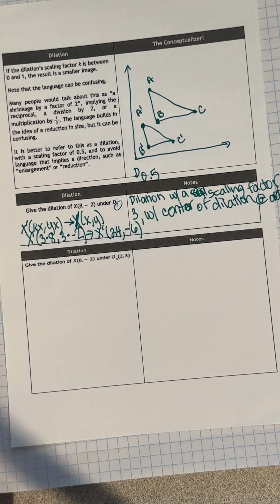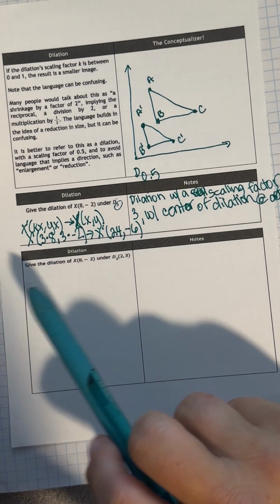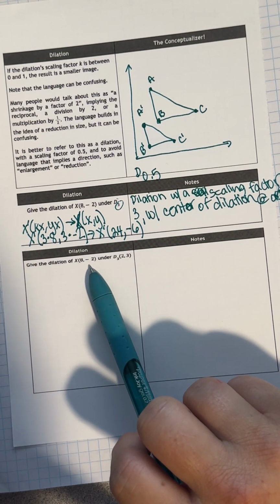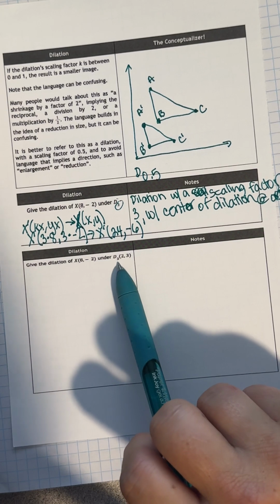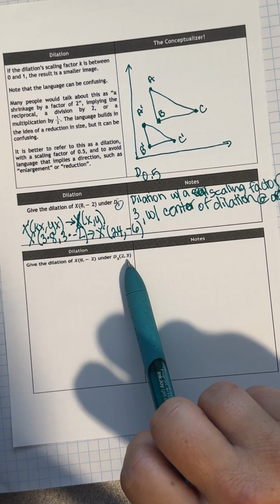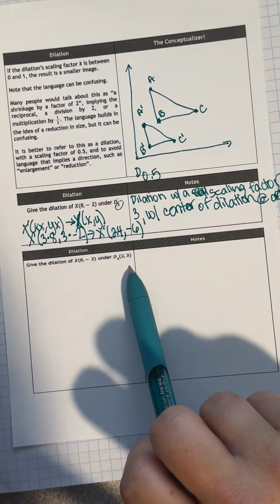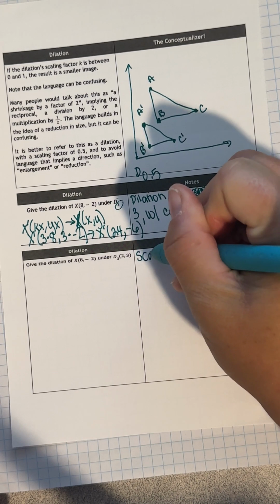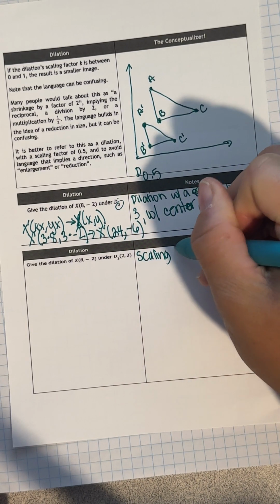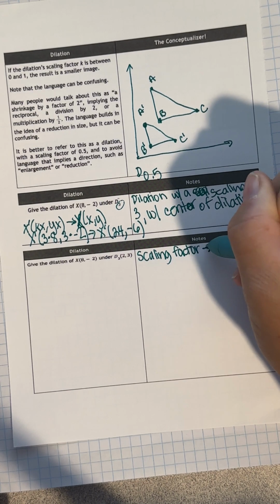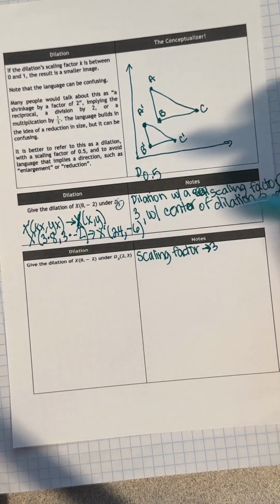Let's look at a next example. So this says, give a dilation of x 8, negative 2 under D3 with center 2, 3. So let's walk through all of that. So once again, the scaling factor is what? It's 3 because of this little 3 right here.